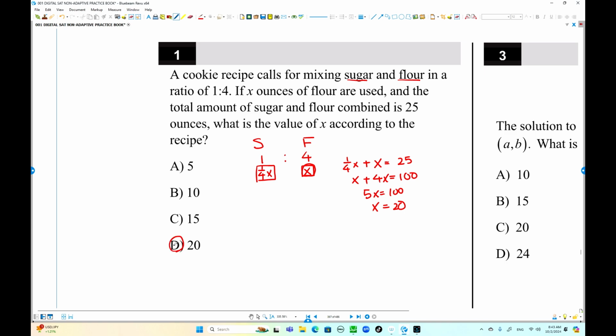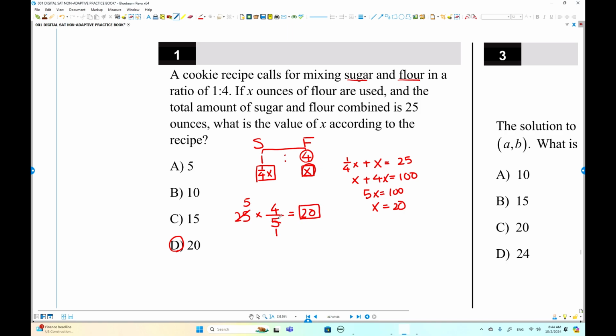Or you can see that out of 25 ounces, how much flour is there? 4 out of 1 plus 4 is 5, right? So times 4 over 1 plus 4, total ratio unit is 5. You can use this one too. So this is 5, this is 1, and 20, okay?